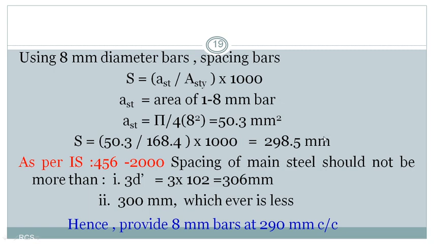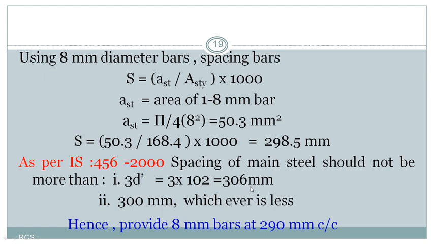This obtained value should be checked against our codal provisions to see whether the spacing requirement is fulfilled. We have to provide the spacing as the minimum of three values: one is the obtained value and two are given by the code. As per code, the spacing values are 3D and 300 mm, and whichever is the minimum among these three we have to provide. 3D is 3 into 102, where D dash 102 is the effective depth in the y direction.